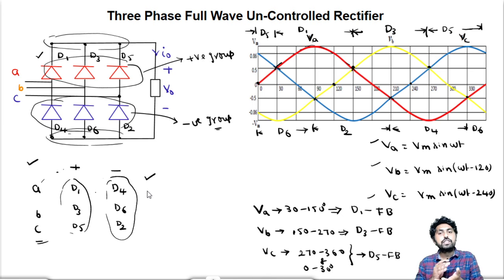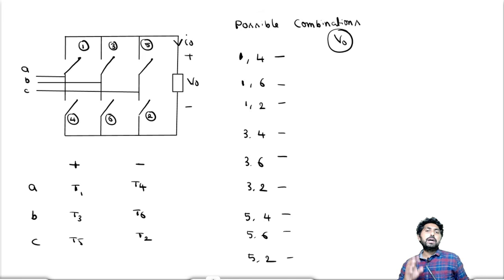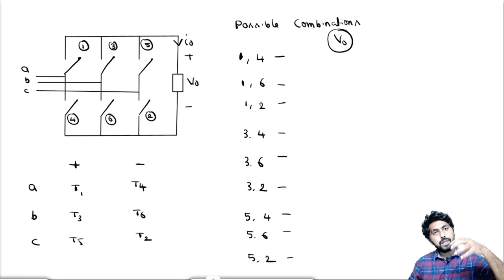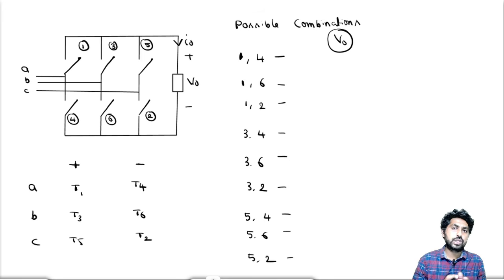Now let us find the output voltage for different switching patterns. What are the possible switching patterns here? Whether it is a thyristor or a diode, here we will use it as a switch. Its function is simply a switch. When it is forward bias, if it is a diode, it will get into the on position.